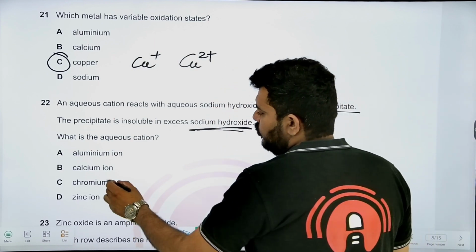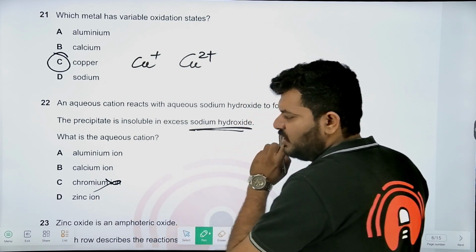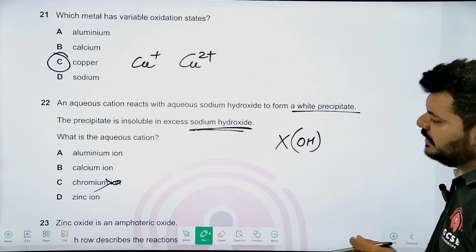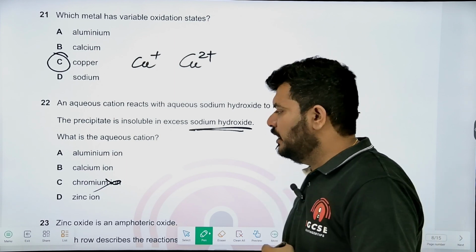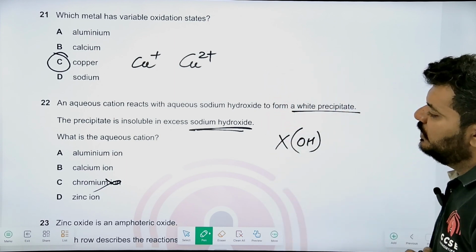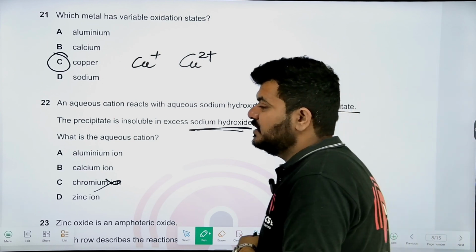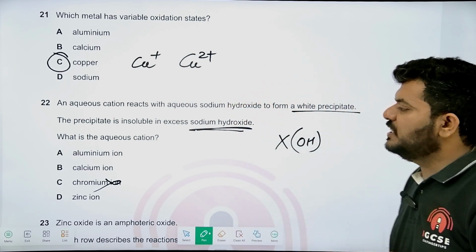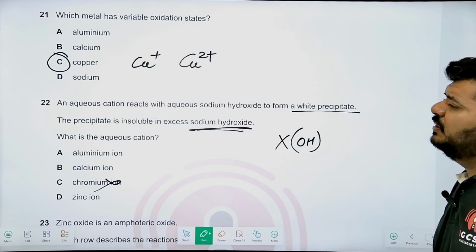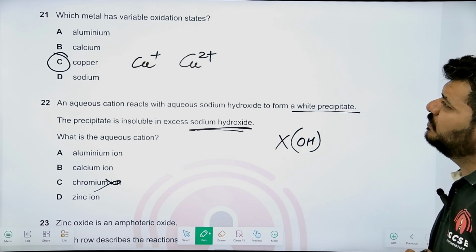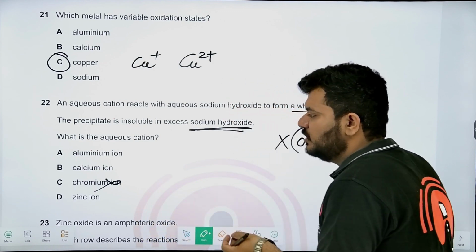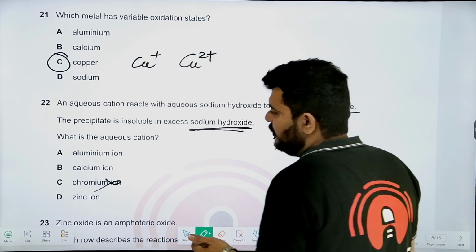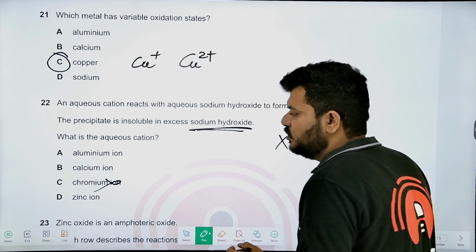Chromium, as far as I remember, gives some other color, not white, so that is not your answer. Between aluminium, calcium and zinc, what happens with aluminium? Let me remember. I think aluminium and zinc should dissolve. Calcium remains insoluble in excess sodium hydroxide.